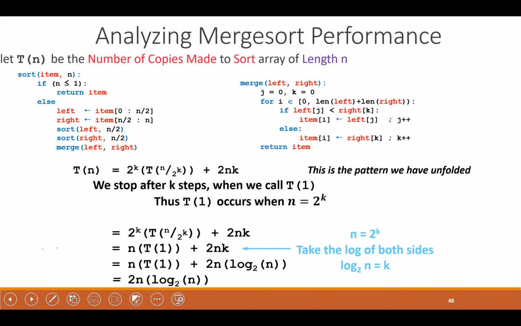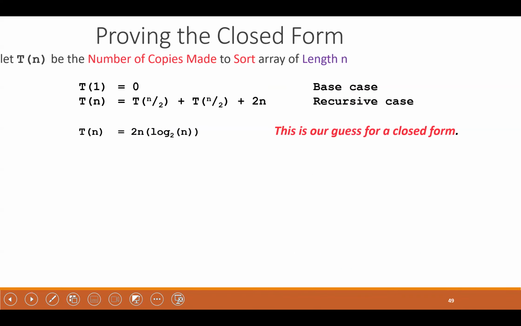Okay, so I have a closed form, or I have a guess at a closed form, my 2n log base 2 of n, and I have, of course, my base case and my recursive case. So now I'm just going to prove the whole thing by induction, which means for my base case, I want to show that t of 1 is equal to 2 times 1 times log base 2 of 1.